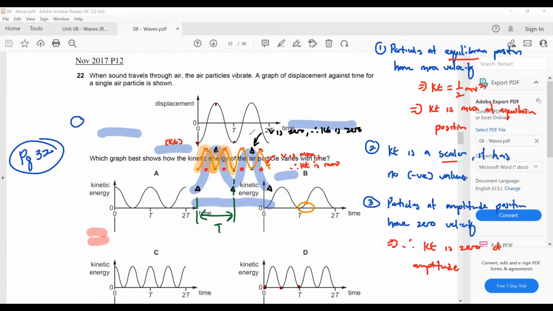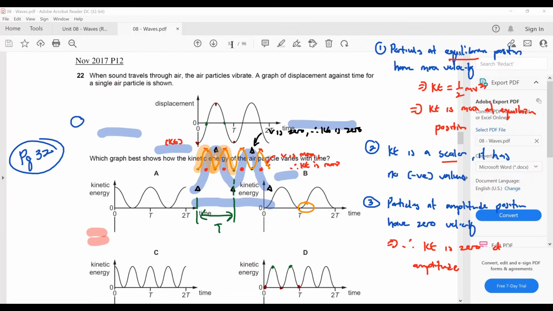And then at the equilibrium position, that is where your velocity is max. That's where you have maximum KE. So that one will be here and here. Okay. That's how you get those two bumps. All right. So that is one way of looking at it.